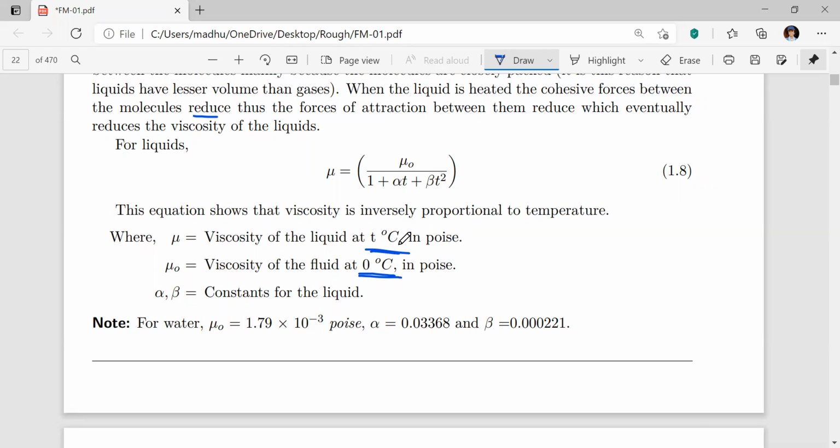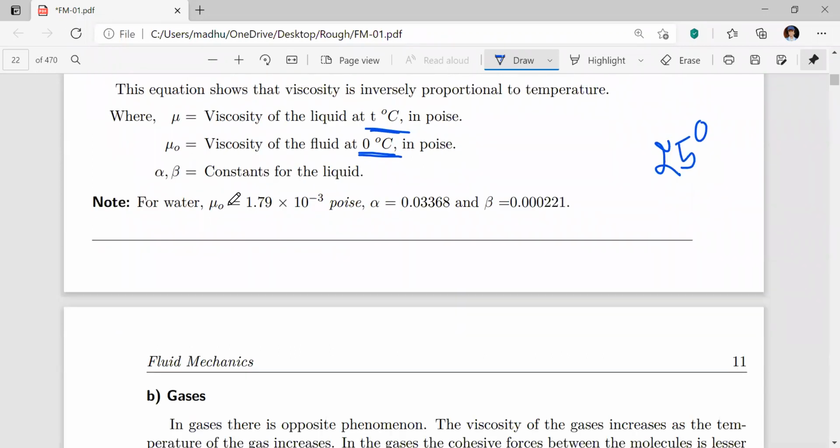See, viscosity is not constant always. It depends upon the temperature. For example, at 25 degree Celsius, if I ask you to calculate a particular viscosity, then you have to use this equation. You substitute the viscosity at 0 degree Celsius for that sample oil, the alpha and beta constants, and the temperature in degree Celsius. Then you will get the viscosity at 25 degree Celsius for that liquid.